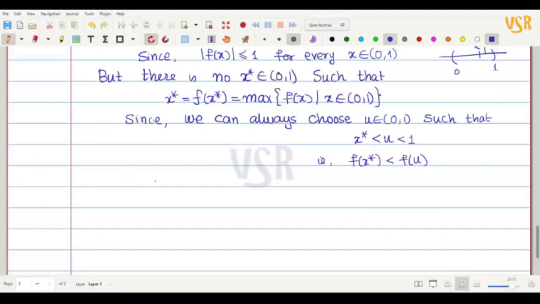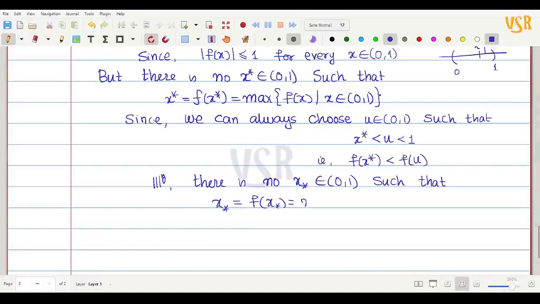Similarly, there is no x suffix star belonging to the open interval (0,1) such that f of x suffix star is the minimum of f of x where x belongs to the open interval (0,1). It cannot be like this. Why?